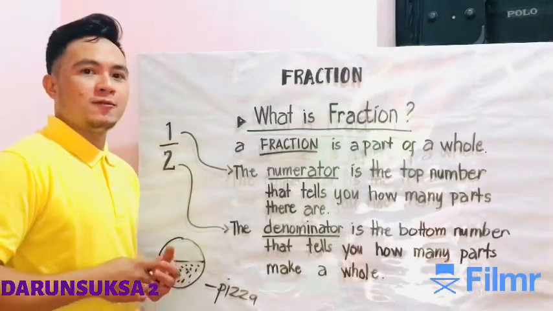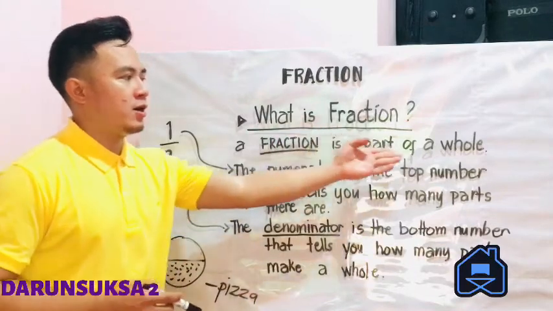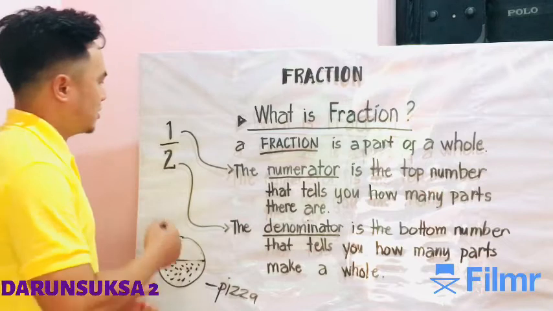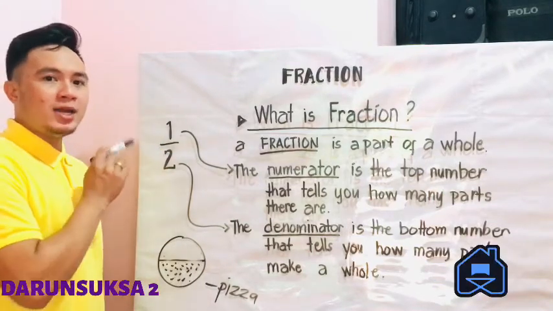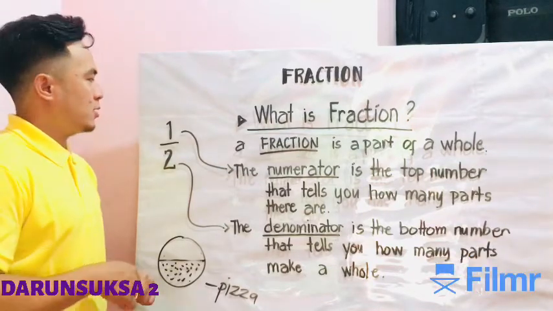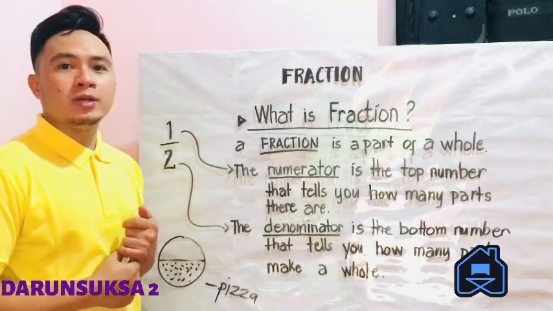So what is fraction? Fraction is part of a whole. So I have here an example. This number, 1/2. 1/2 is an example of fraction. 1, it is called the numerator.